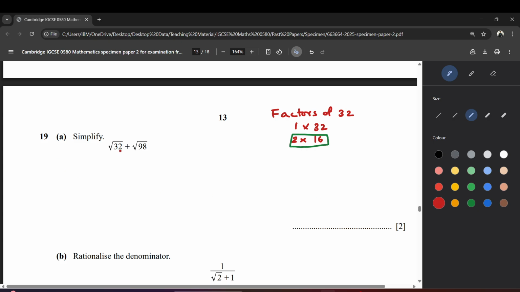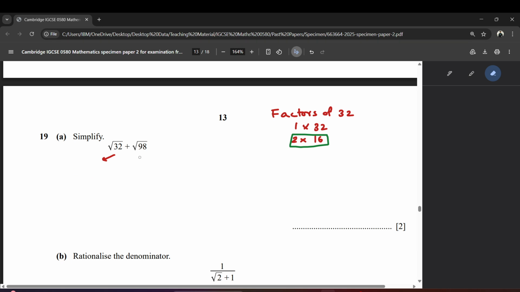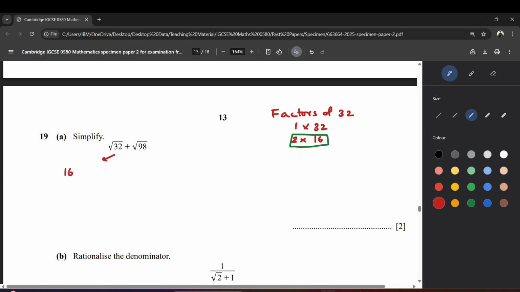So I can write this as root 16 times root 2. First of all, we can write 16 times 2 under root, and then separate them in this form.